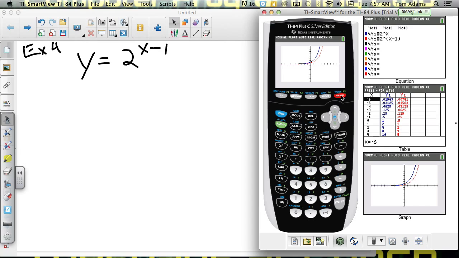Now remember, when we translate horizontally, it's the opposite direction of the sign. What I mean by that is we're subtracting 1, and normally in the x direction, minus means that we would travel to the left, but in this case, we're going to travel to the right. Does that make sense?